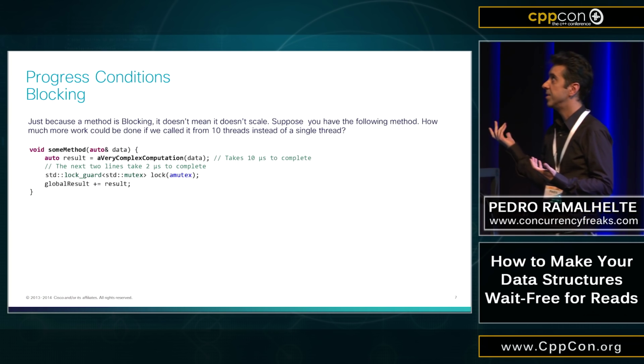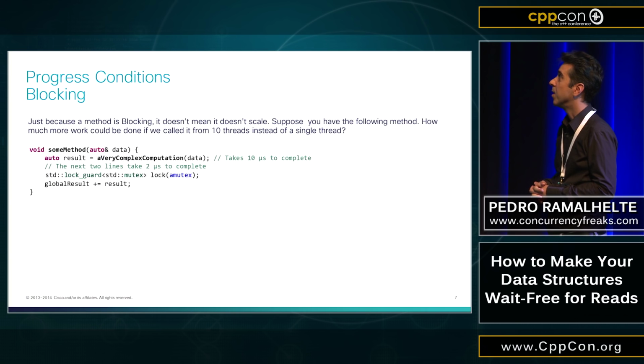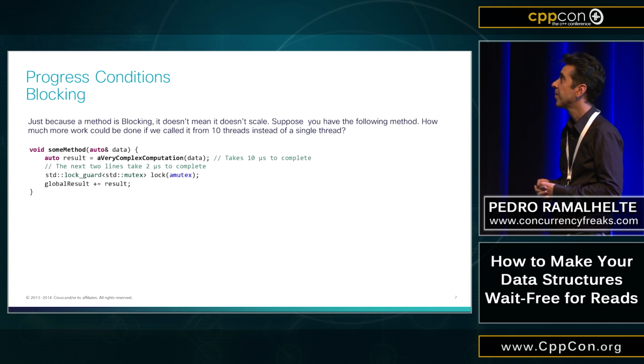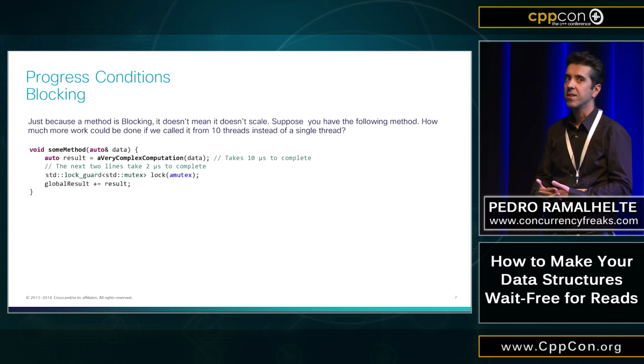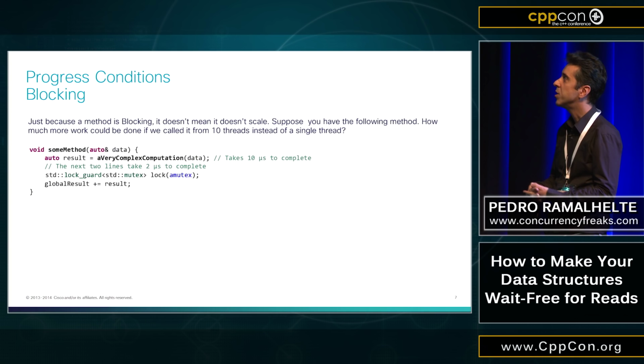So the simplest one that everybody knows is blocking. When something is blocking, you have to wait, and you may wait indefinitely. Now, just because it's blocking doesn't mean it won't scale. In this particular example, we're doing some computation that can be done in parallel with some data that belongs just to this thread.